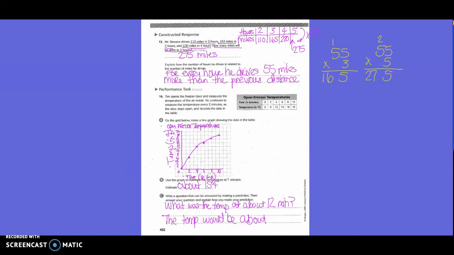So there towards the end, it was only going up about how much? 2 degrees, right? So about what would the temperature be at 12 minutes? 20. So the temp would be about 20 degrees Fahrenheit.